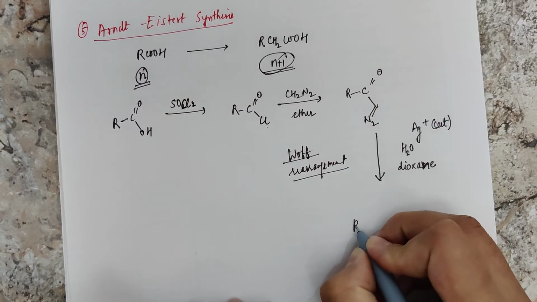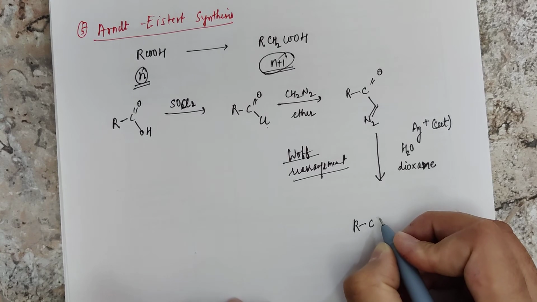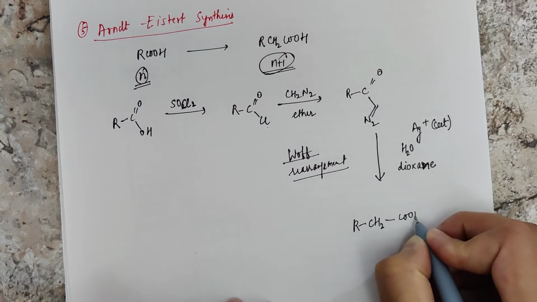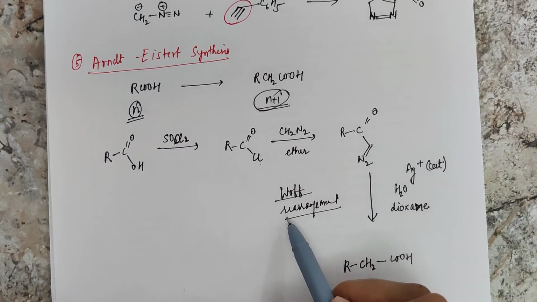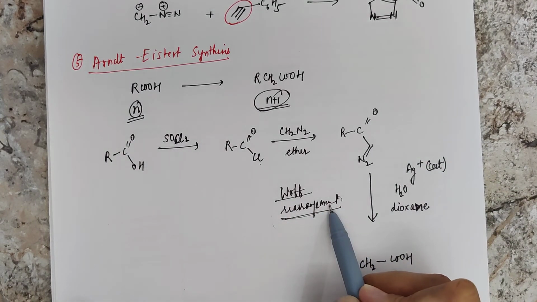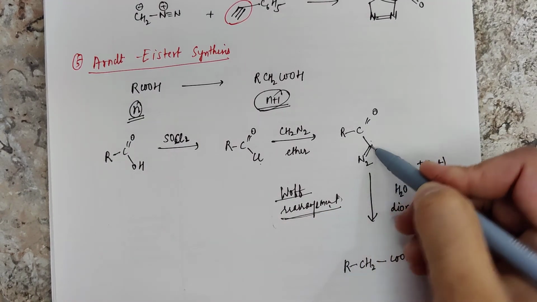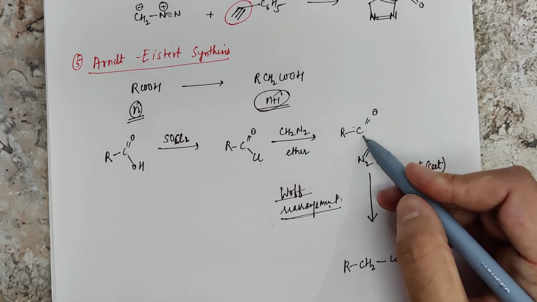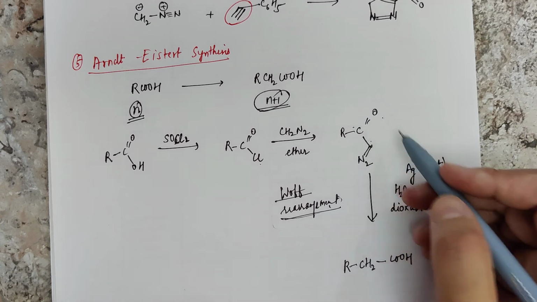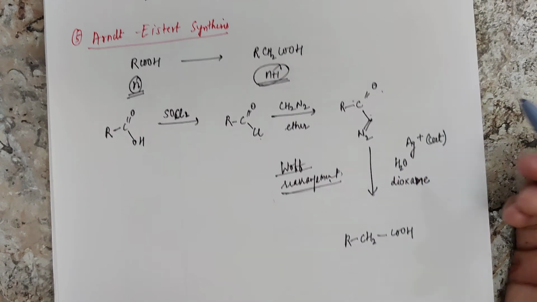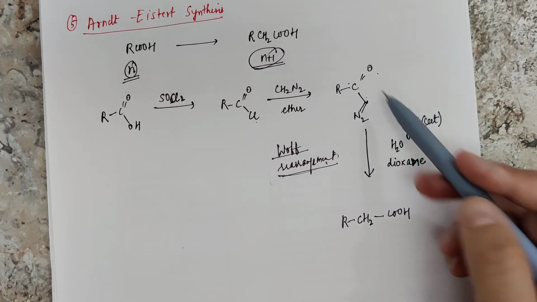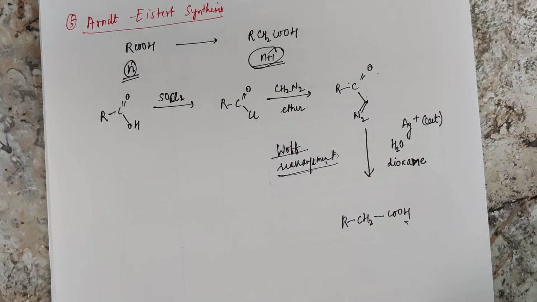And the product obtained is it's a rearrangement reaction, as the name suggests. So basically the carbon here is shifted to that side, and this undergoes a reaction with water molecule and give us the carboxylic acid.